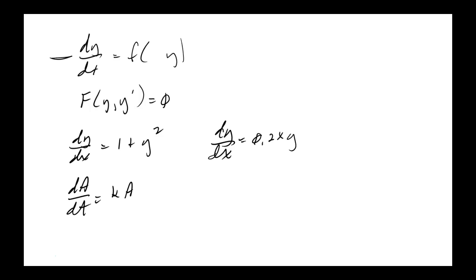Autonomous equations. No independent variable, in this case t dependence. Here was another one. dx/dt is equal to kx times (n plus 1 minus x).